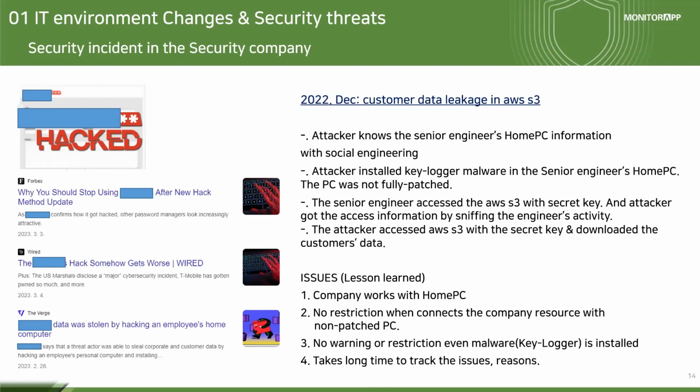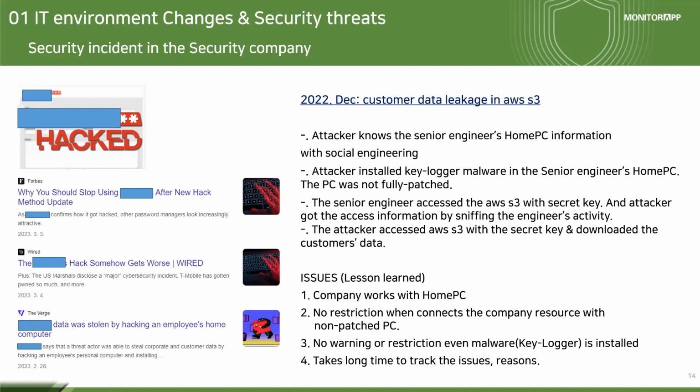And through this information, the attacker could install keylogger malware on the senior engineer's home PC. But unfortunately, the senior engineer could not realize that the malware had been installed. So the engineer accessed the AWS S3 with a secret key.